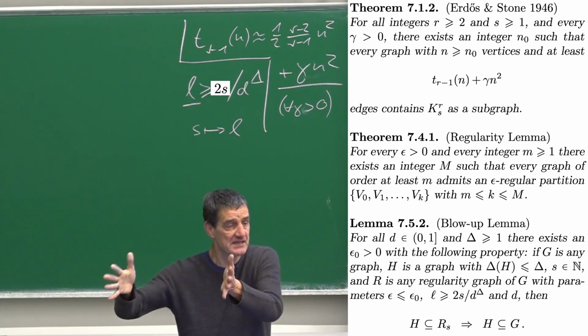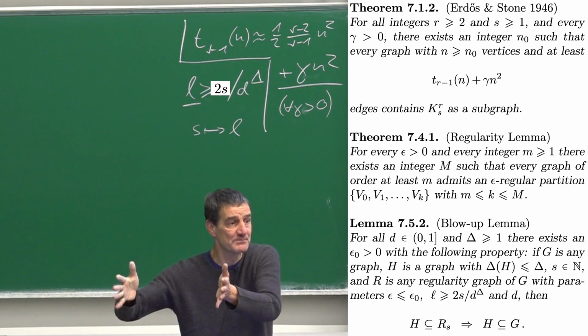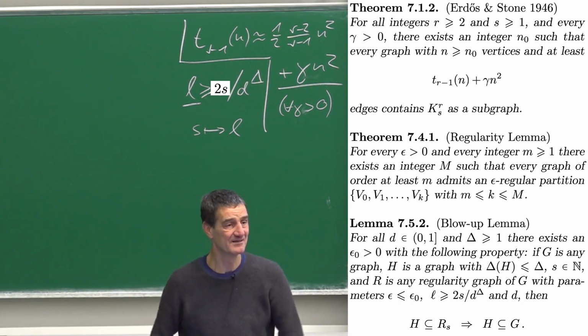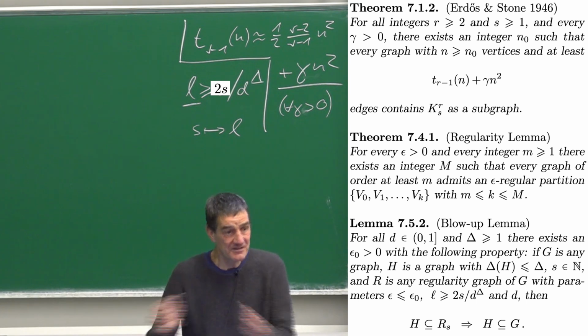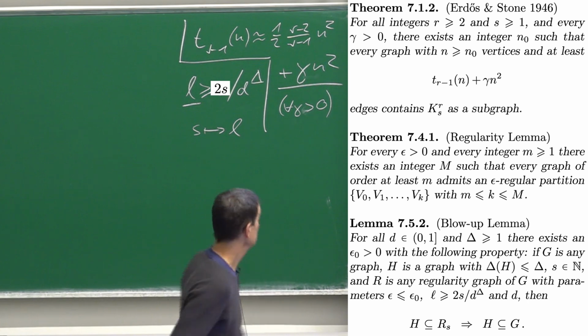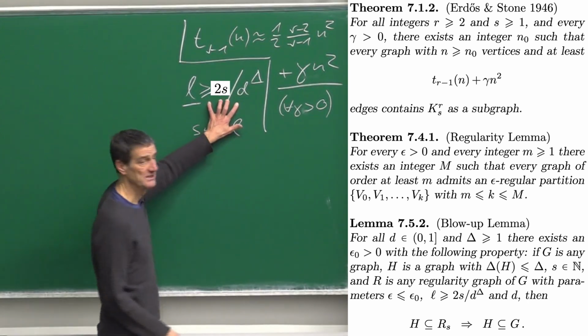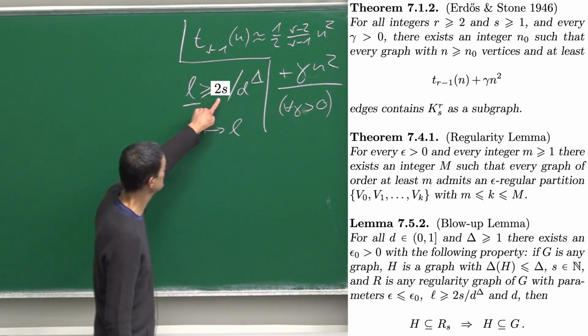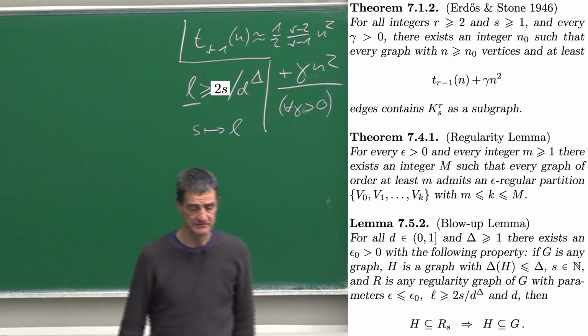And we want these sets to be big. Well, no problem. We just make the graph big. And since there's only this bounded number of classes, these classes are going to grow. They're all the same size. We can make them as big as we like. And this is as big as we like. Okay? So this little s, of course, is our s from the K_r(s).